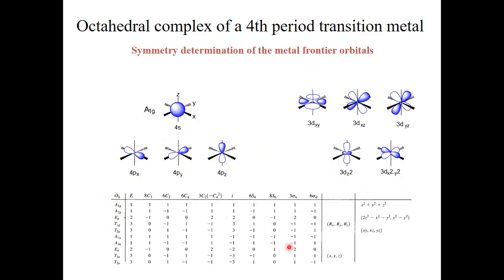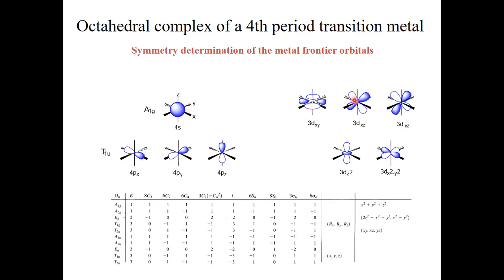You see, when you look into the character table, that the p orbitals are triply degenerate because the letters x, y, and z are here together in parentheses. So that indicates a triple degeneracy. And we can easily determine the symmetry type by just going here to the left. Okay, and the symmetry type will be T1u. So this is the second symmetry type.